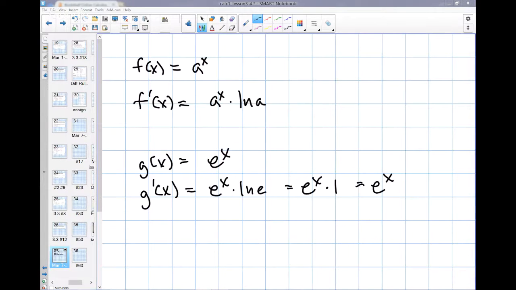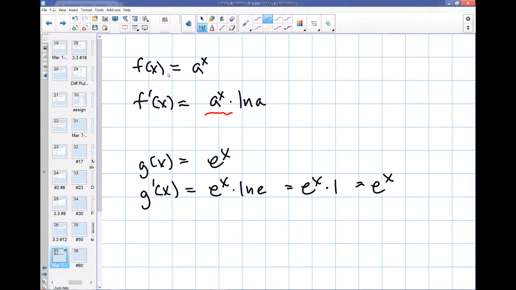And that's with any base a. So you notice at the top of the screen here, f of x equals a to the x, where a could be, you name it, any base. And the answer is, just like with e to the x, the derivative is itself times the natural log of its base.